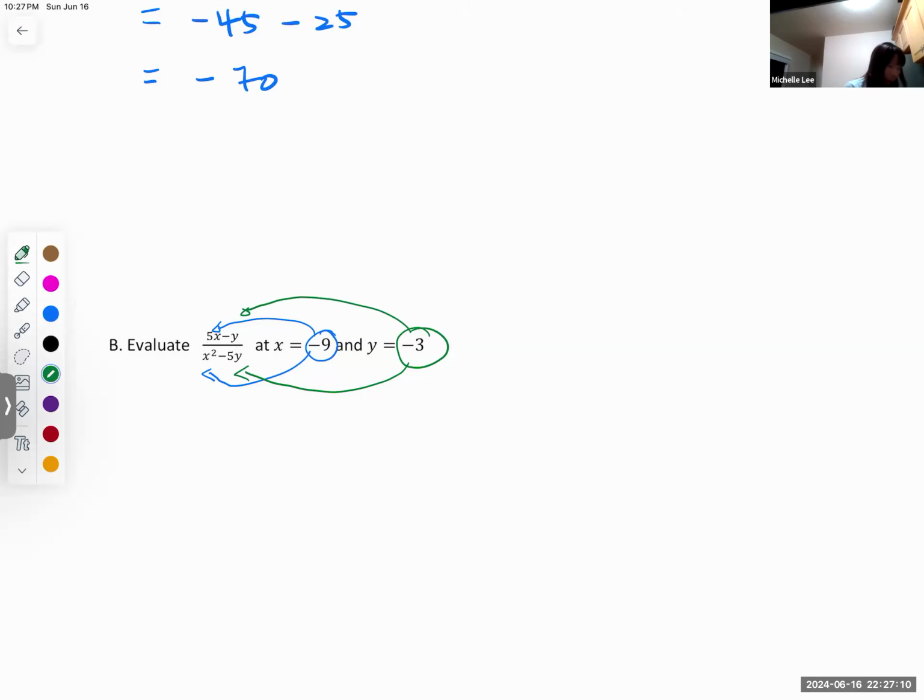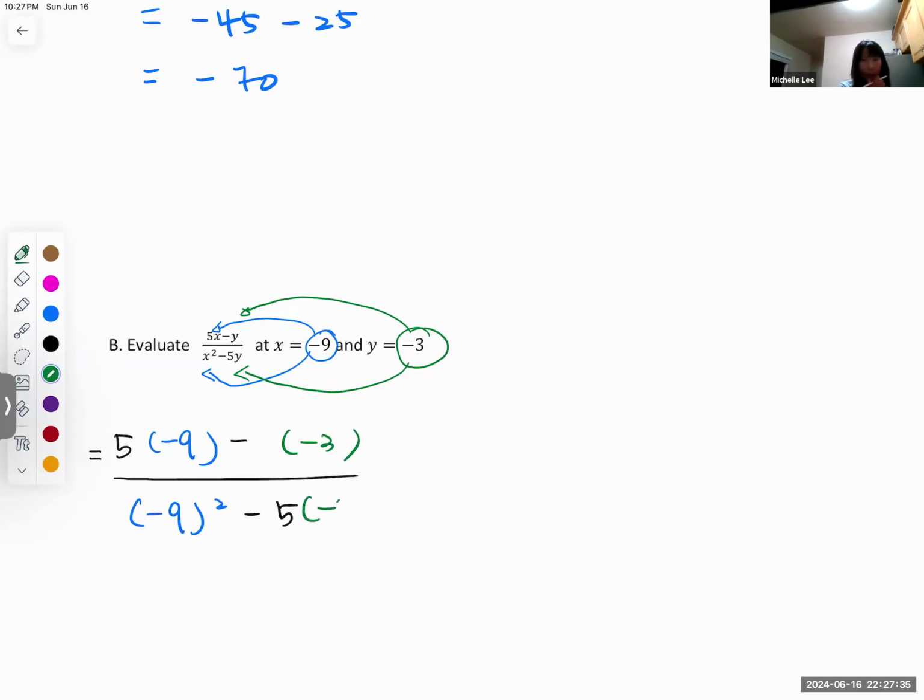Okay, so that would be 5 times negative 9 minus y over x squared, which is negative 9 squared, minus 5 times negative 3, right?